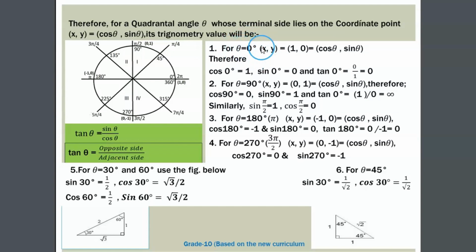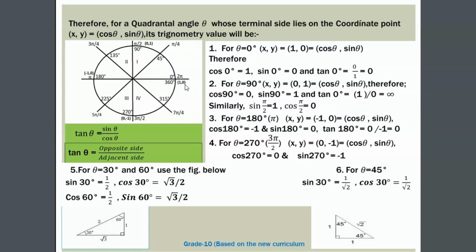When theta is 0 degrees, look, this is 0 degrees, and what are the coordinate points of the terminal side? The initial side is on the positive x axis, and since the measure has not started rotating, the initial and terminal sides overlap on the positive x axis. This is the coordinate point. This point is how much?